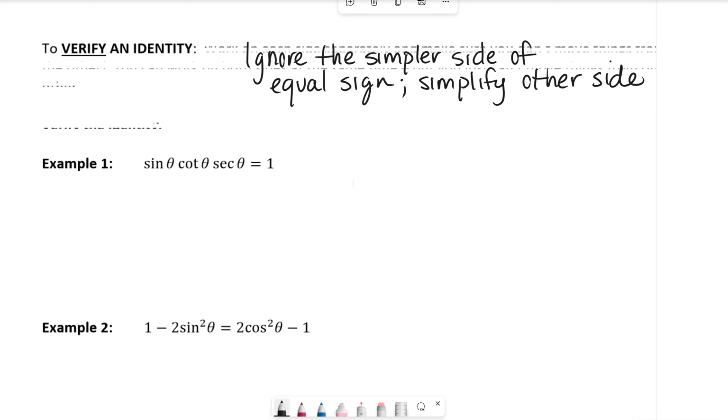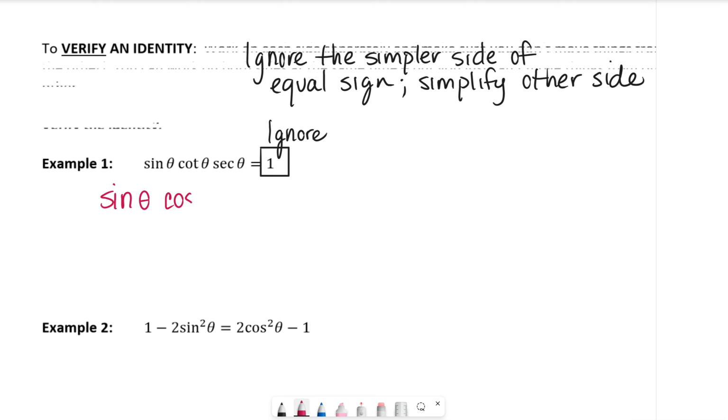So in example number 1, notice that the 1 is the side that I am going to ignore because it is very obviously the simpler looking side. I'm going to work with the left-hand side and break it down wherever I can.